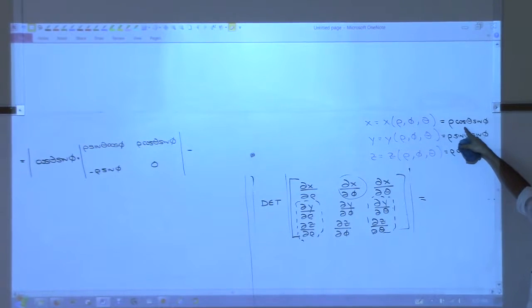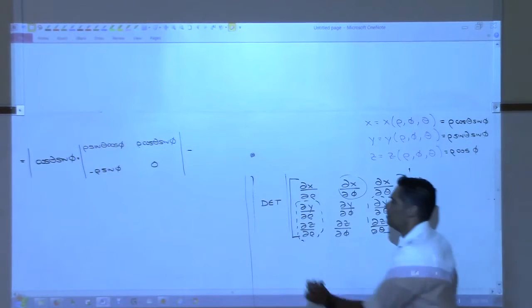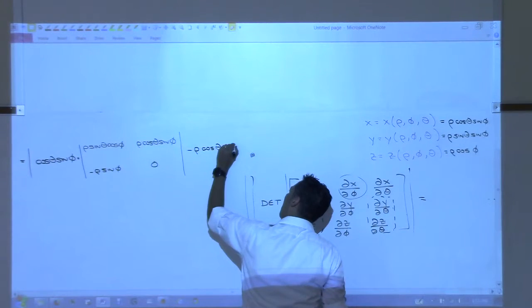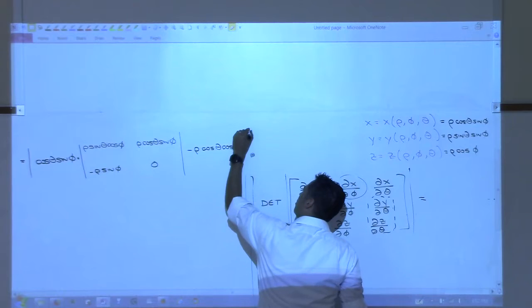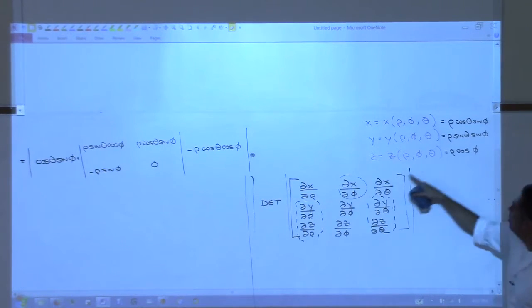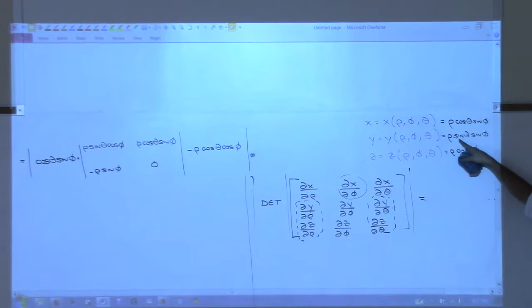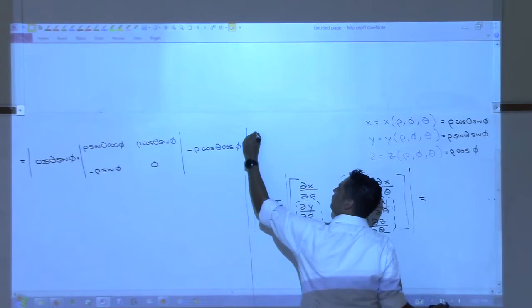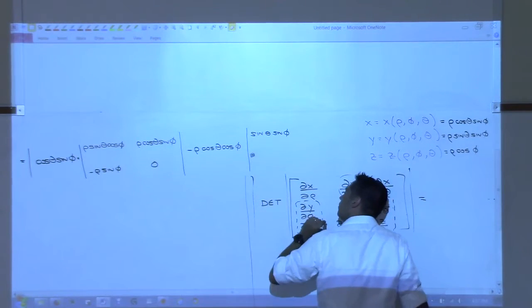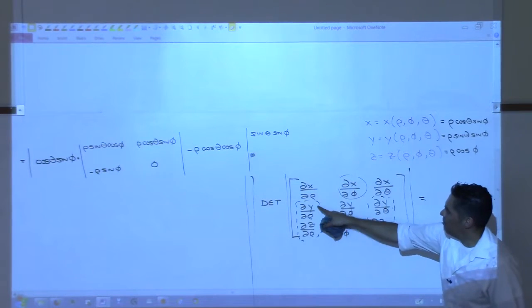Rho cosine theta cosine phi. Determinant of partial y with respect to rho, sine theta sine phi. Okay. Let me do the one below it.